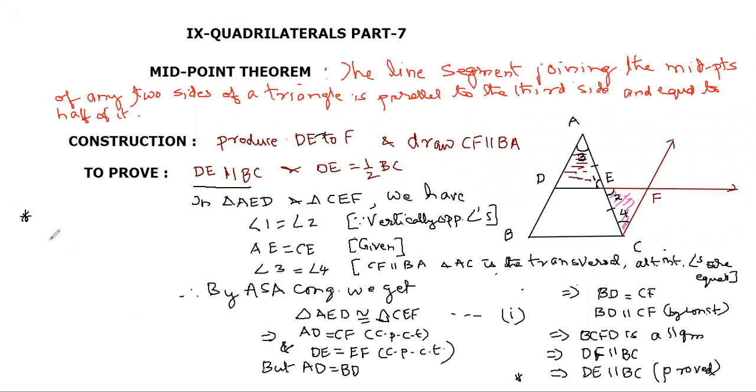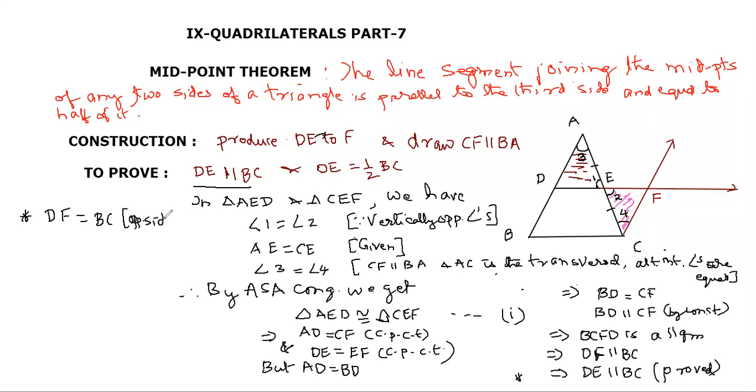Now we have to prove that DE is equal to half of BC, and DF is the side opposite to BC in a parallelogram. So you know that opposite sides are equal. So DF is equal to BC. Why? Because these are the opposite sides of a parallelogram.